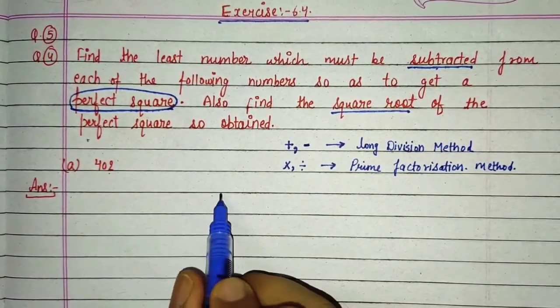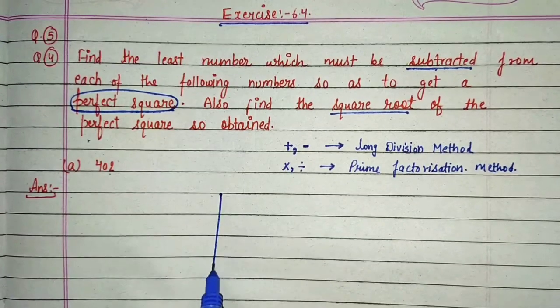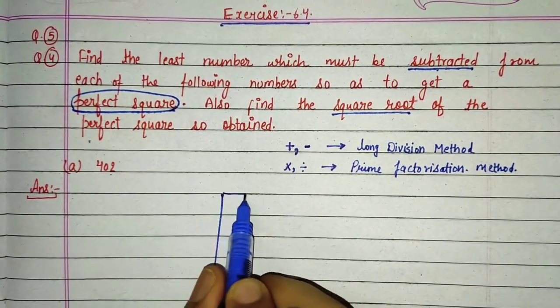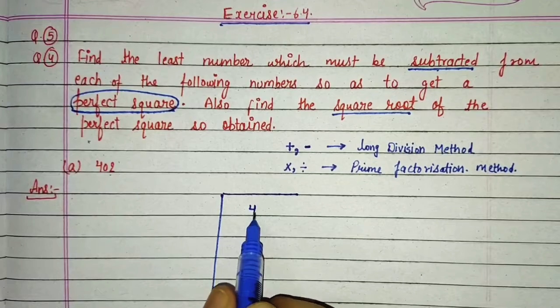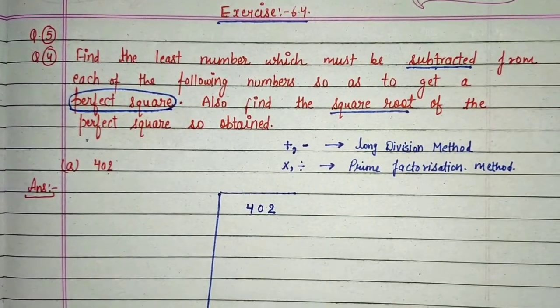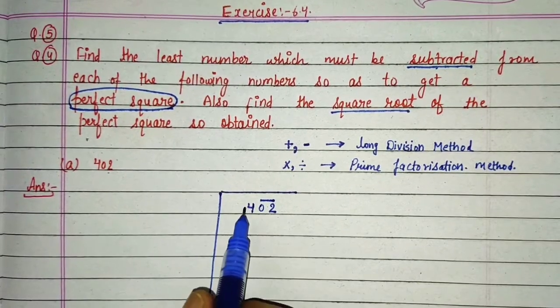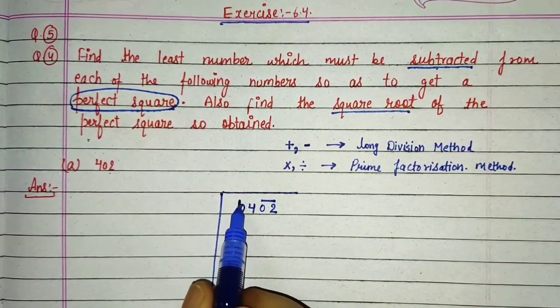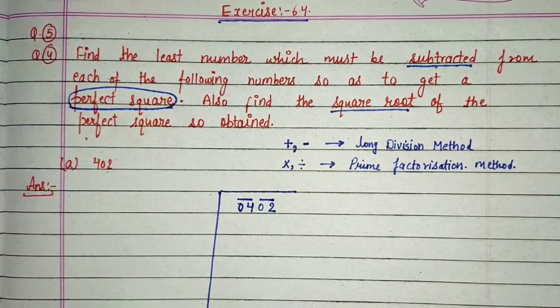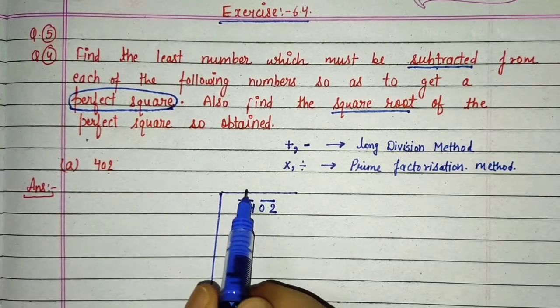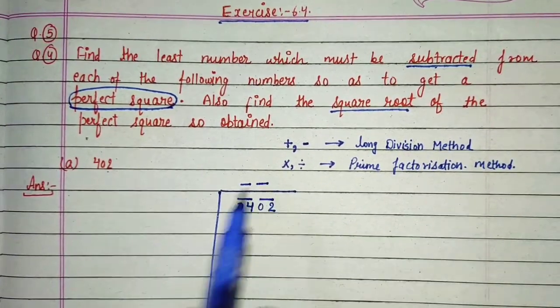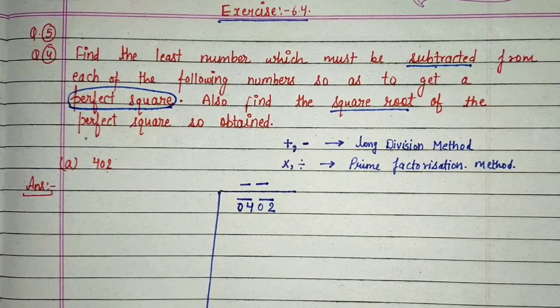We have done so many questions with the long division method. So now again, 402. First thing, make the pairs from the right hand side. If the digit is single, that is also considered as a pair. Now because there are two pairs, there will be two digits in the answer.